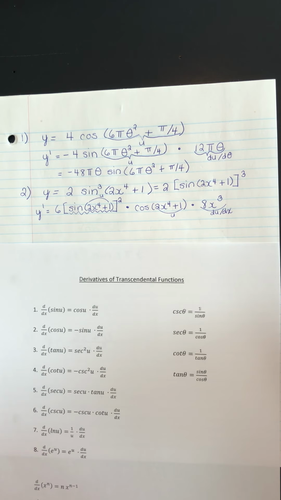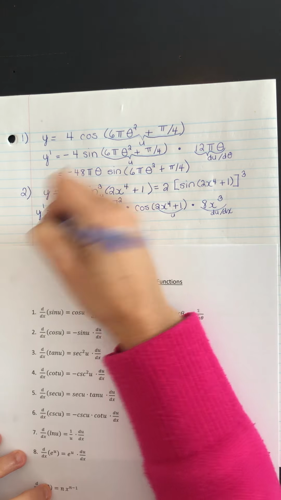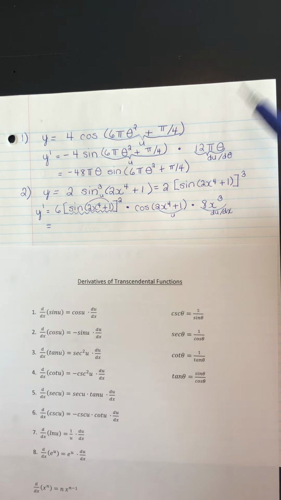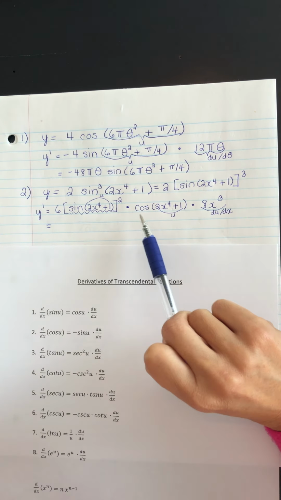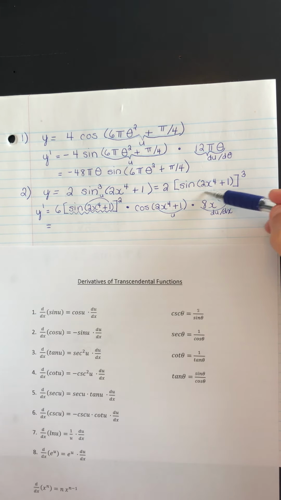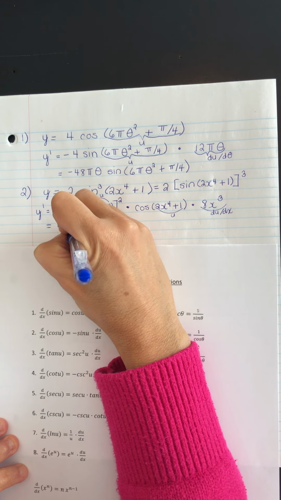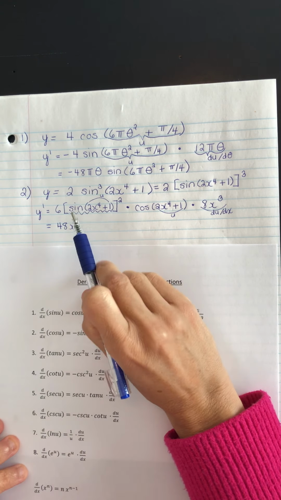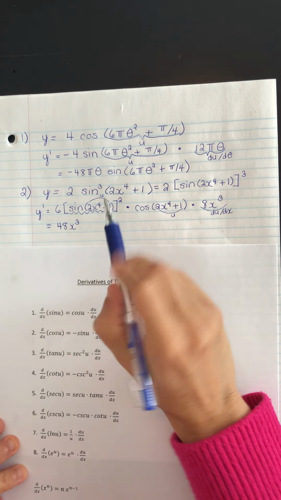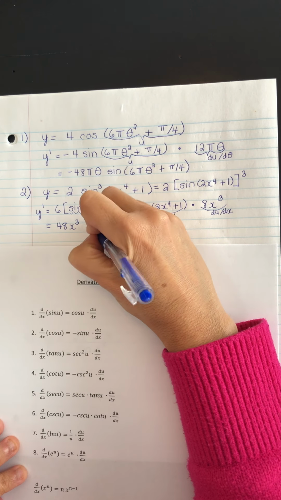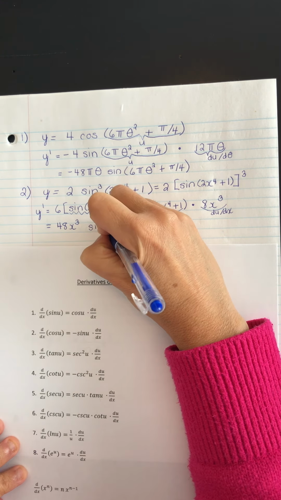All right. So now when we write out our final answer, again, we can't change the trigonometric parts, but we can bring 8x cubed forward. It'll multiply by the 6 to give you 48x cubed. Then we have the sine function all squared, which we might choose to write this way instead.